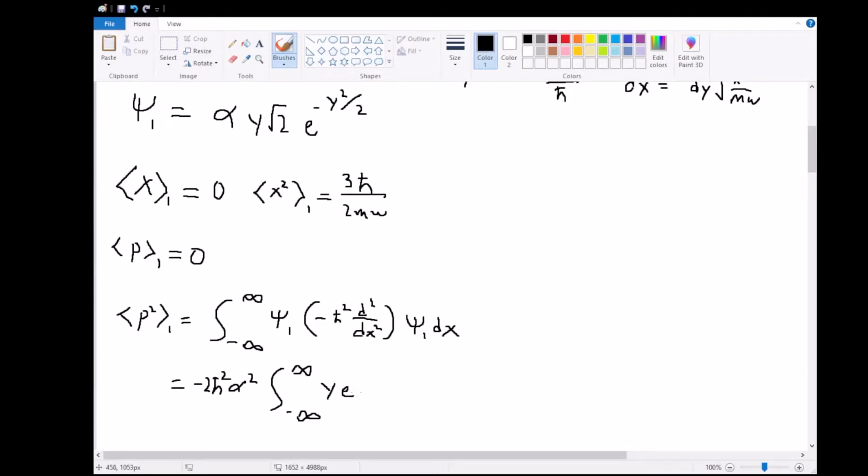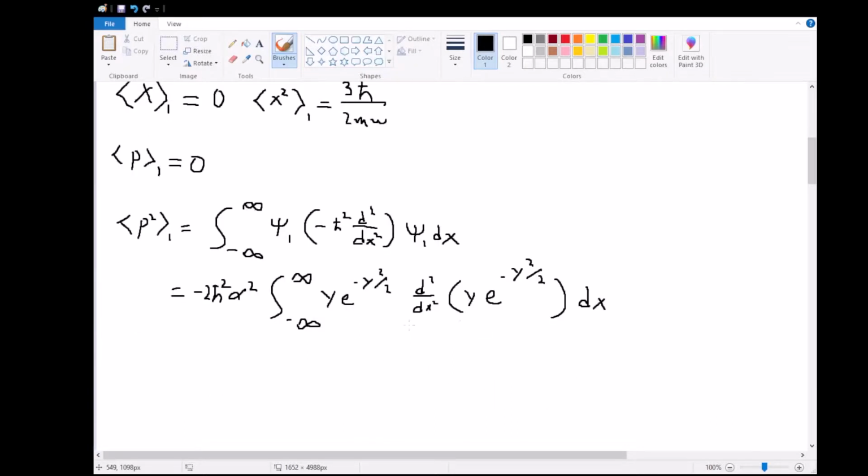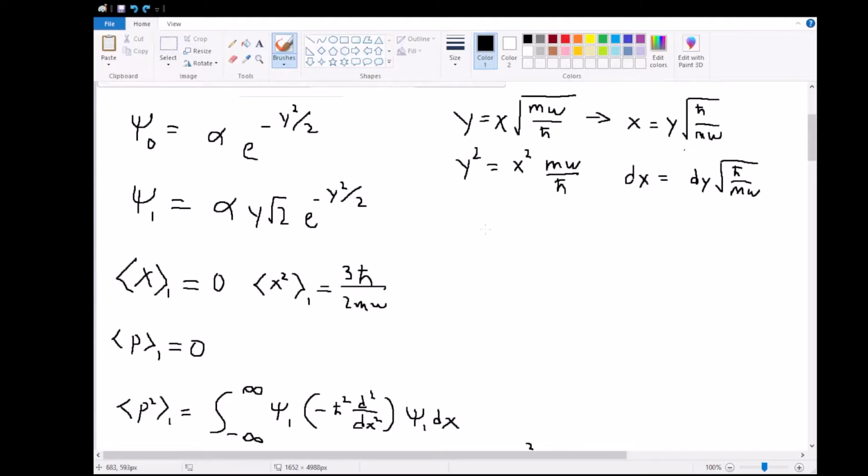y times e to the negative y squared over 2 times the second derivative d2 by dx squared of y times e to the negative y squared over 2. And just by looking at this, it already makes my skin crawl because this is a very tedious integral. Let's just do it.